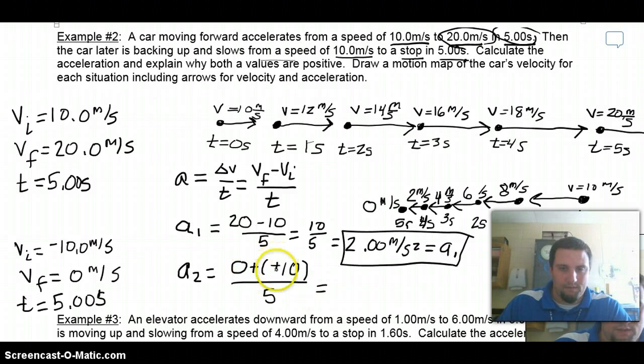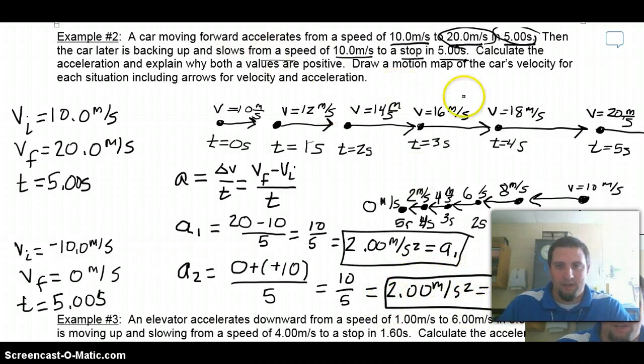Add the opposite, you end up with 10 over 5, which miraculously is 2 meters every second squared. It is A2. So in both situations we end up with a positive acceleration.